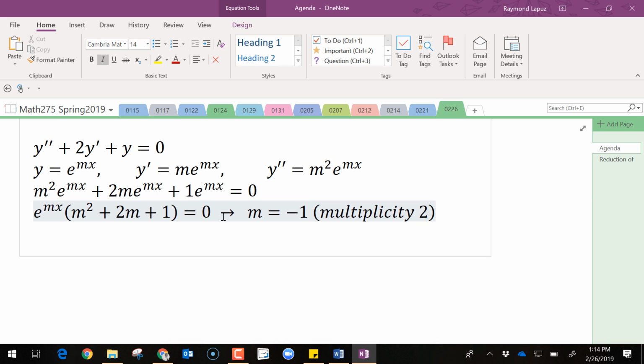I mean, m equals -1 is a solution, and then the other solution is m equals -1 again. So this is m plus 1 quantity squared. And so that's what multiplicity for quadratic equations means.